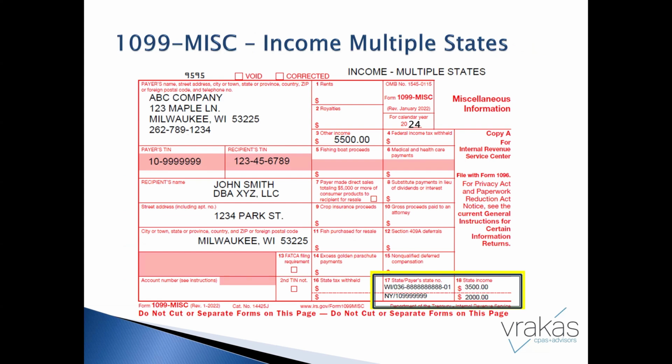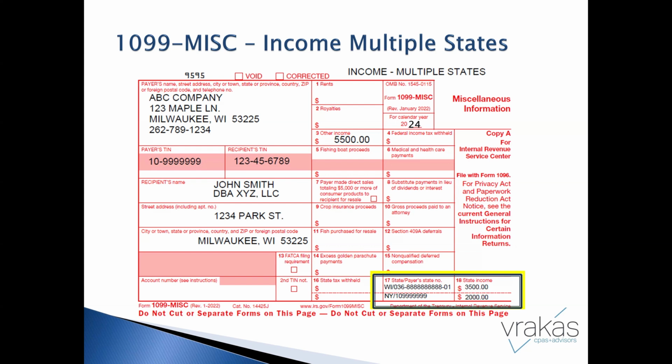So they do list where you can on 1099 have 2 states listed. If you need more, because the amount is used and paid to a variety of places, then you'd have to have another 1099 for the remainder. But for this case, you can see that there's the state code, and then the state ID, and then the state income.